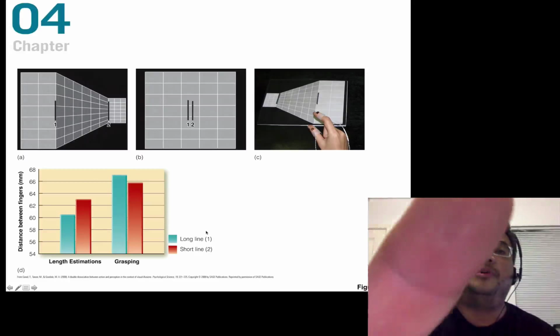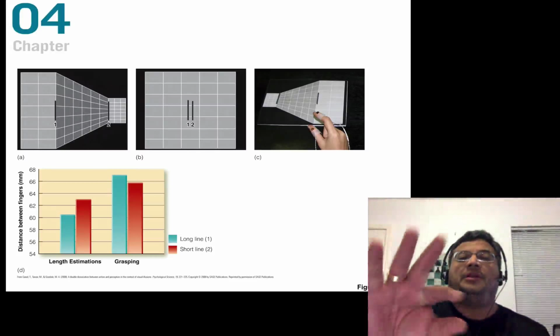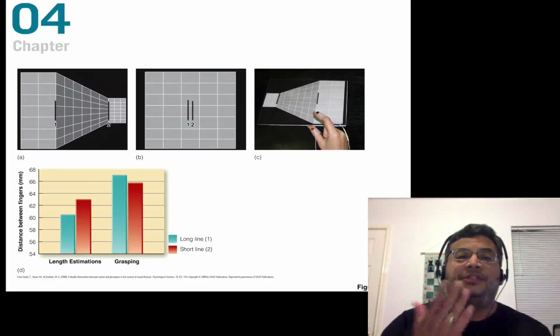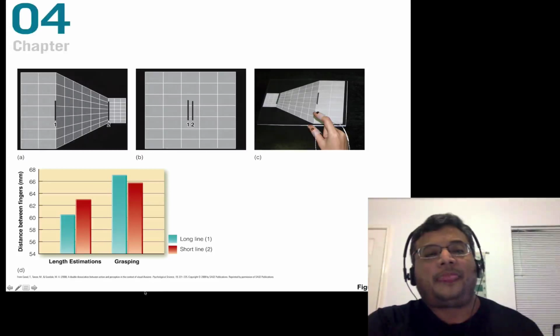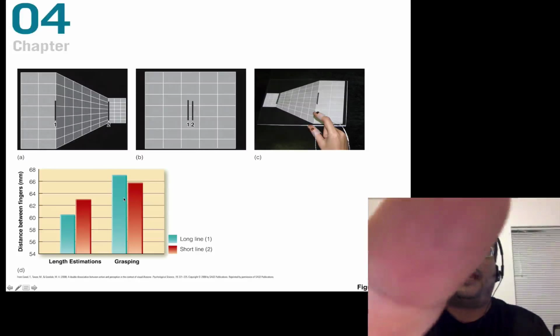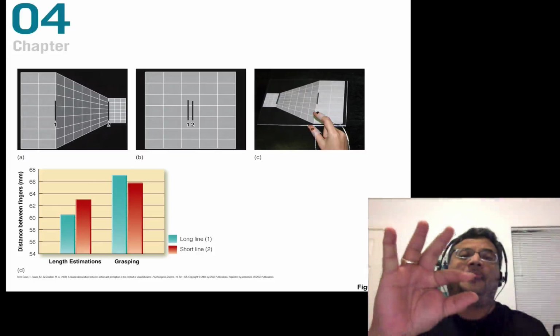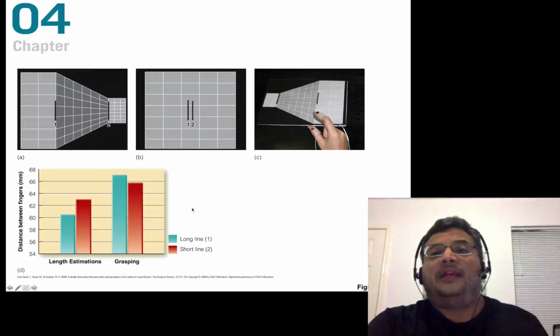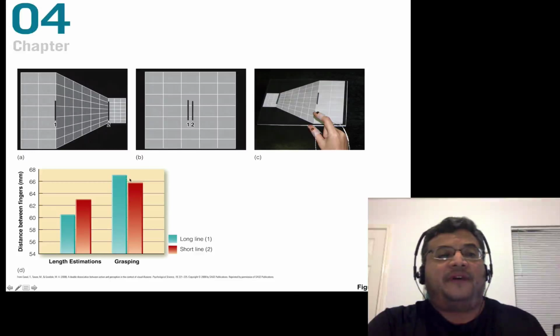You can actually go and put your fingers on it and use them to measure the length, right? And sure enough, what they found was that when people are able to grasp, when they're able to actually put their fingers up and use that to estimate the line length, they did really well. They were able to differentiate the very fine difference between the long line and the short line.